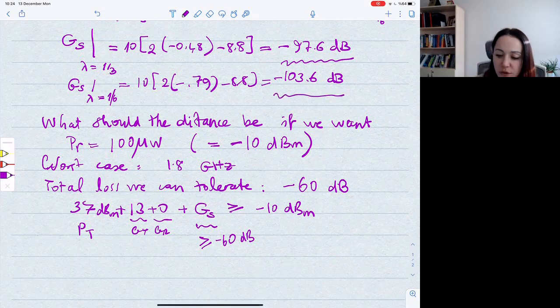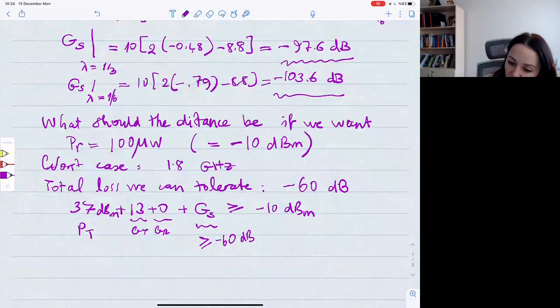Minus 103.6 dB at 2 kilometers. So we need to come back a little bit in terms of the distance. We need to gain 43 dB, right?